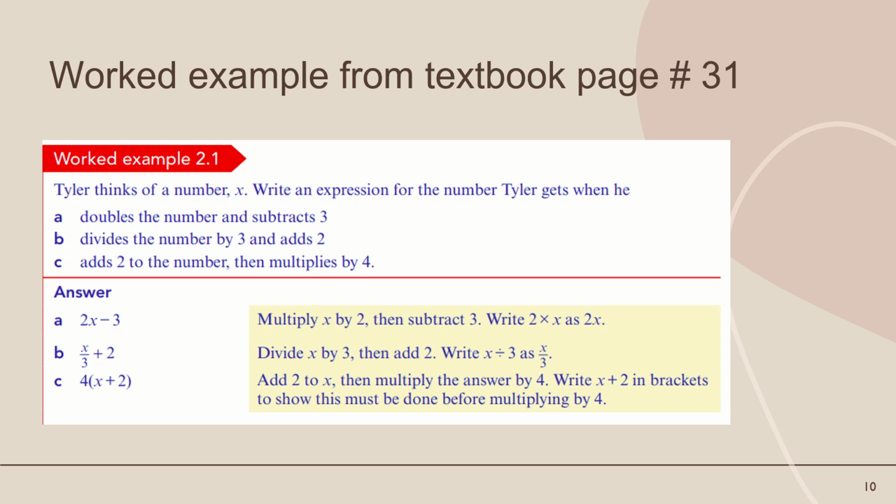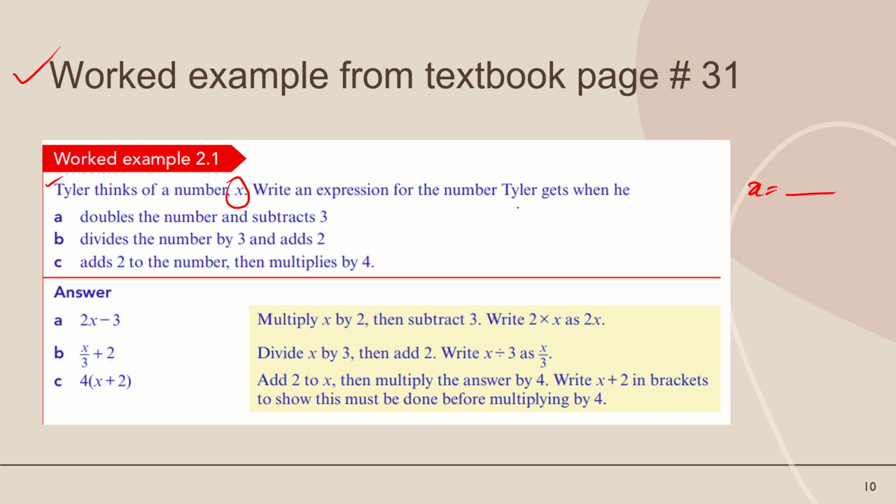Now this is a worked example from the textbook, page number 31. How can we write the algebraic expression? Suppose Taylor thinks of a number x, any number he thinks of.